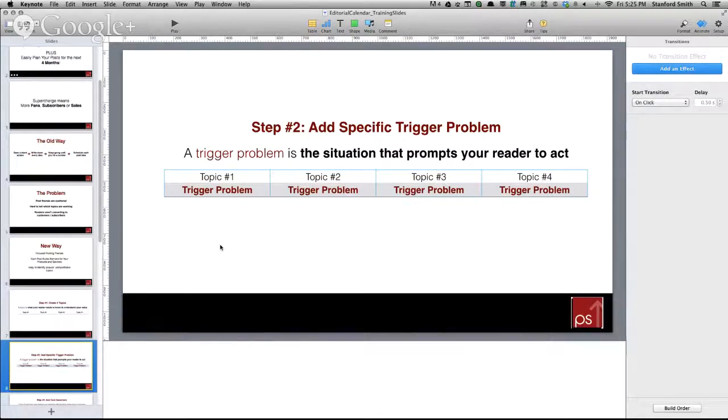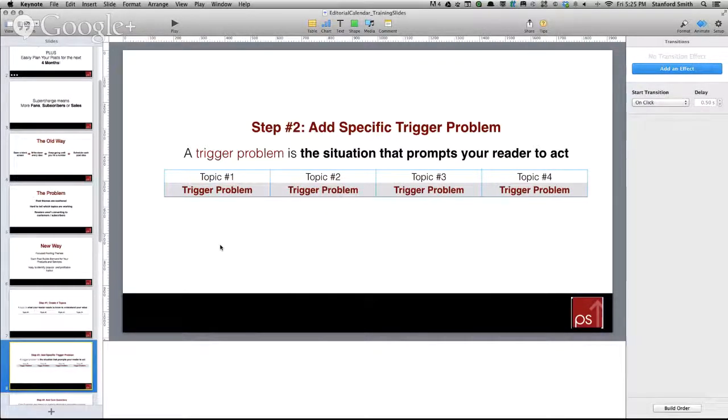Okay, so going back to my dog training example, if it's about training out of a bad behavior, the trigger problem for that particular topic could be that they're chewing or they're jumping on guests. Whatever that most aggravating or annoying trigger problem is, I want you to list that underneath your topic.